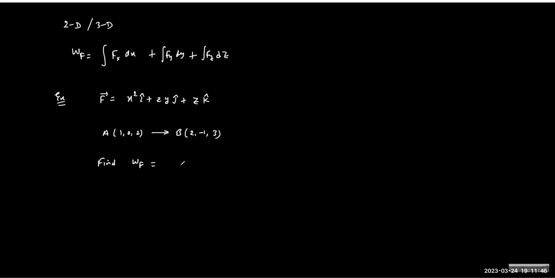Sir, is the answer 13/3? Yeah, let me just check. So it is x cube by 3. Okay, let me do this: integral of x square dx plus 2y dy plus z dz, with limits 1 to 2, 0 to -1, and 2 to 3.